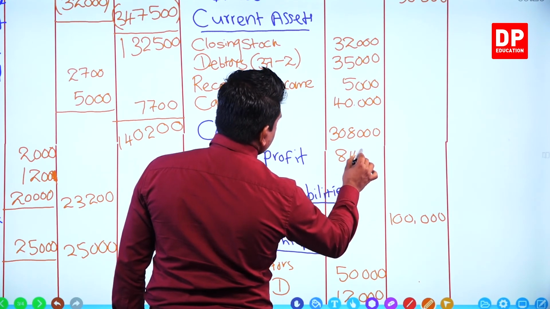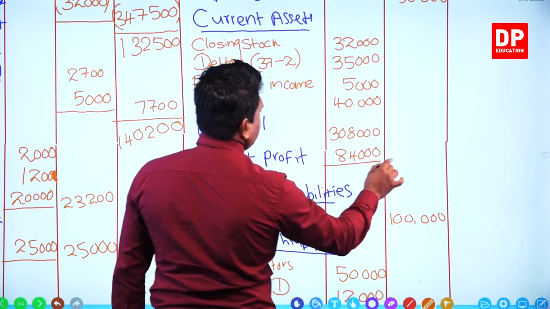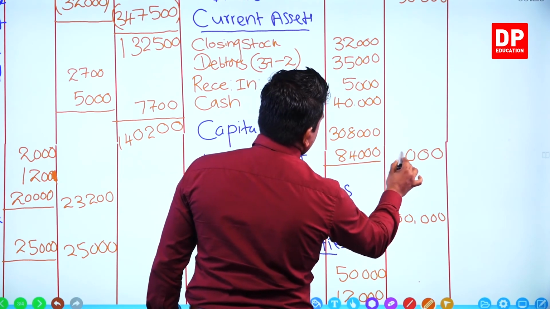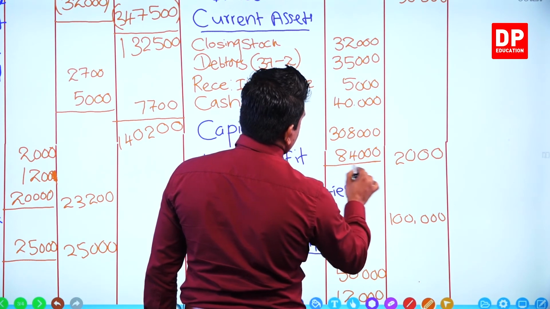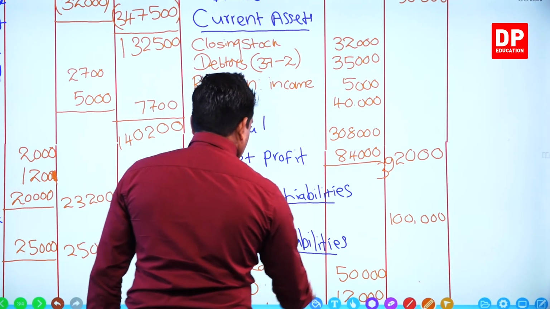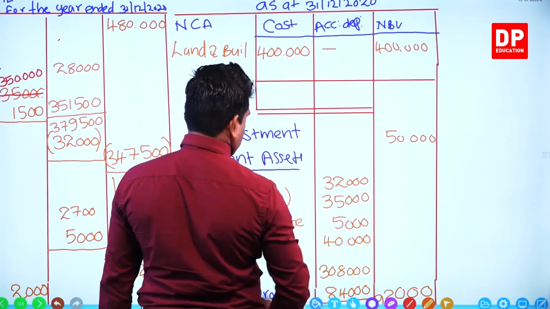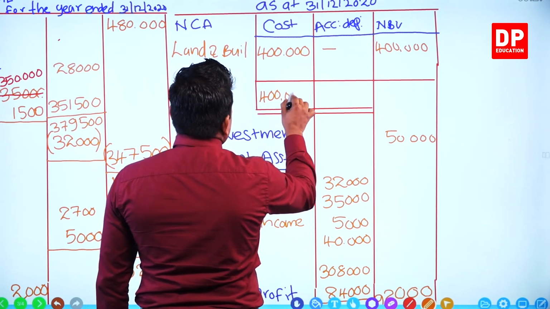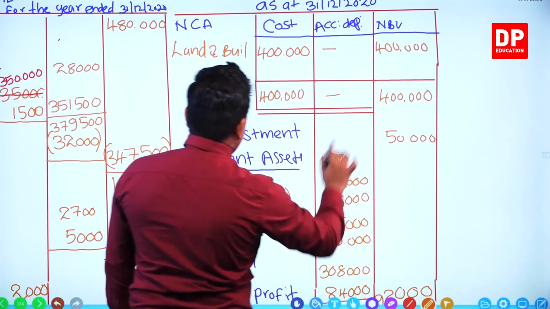84,000. Then you can add these two because the others are in the assets area. Then $392,000. Then you solve the details. Here only one non-current asset, 400,000. Then 50,000 is investment.